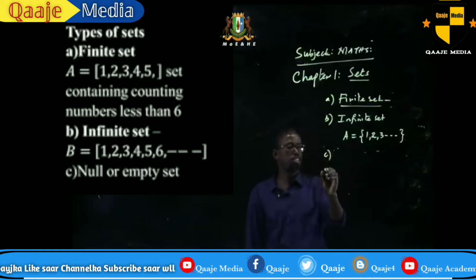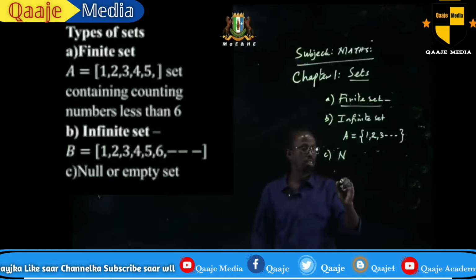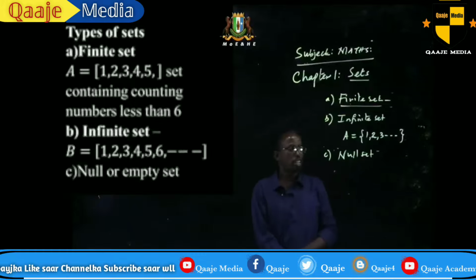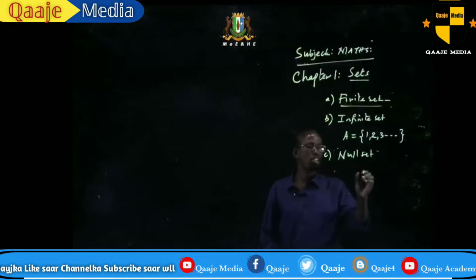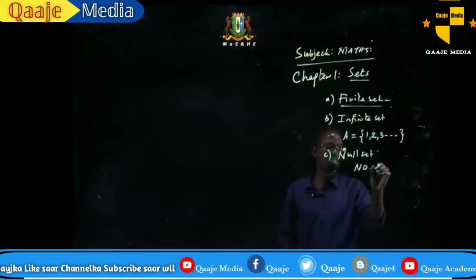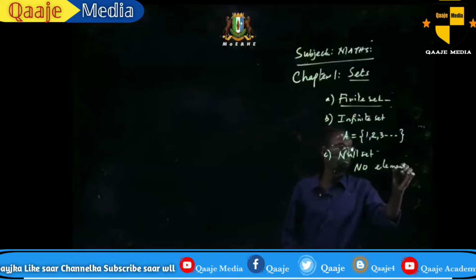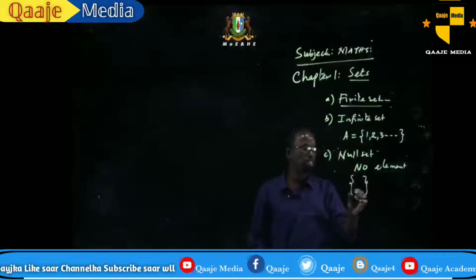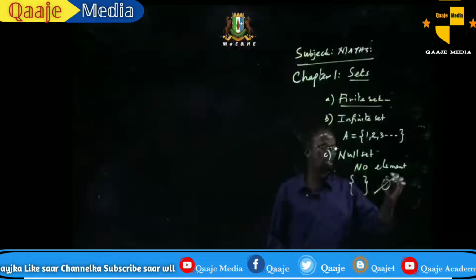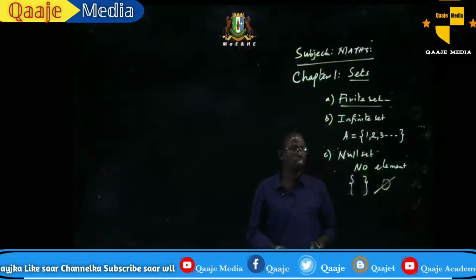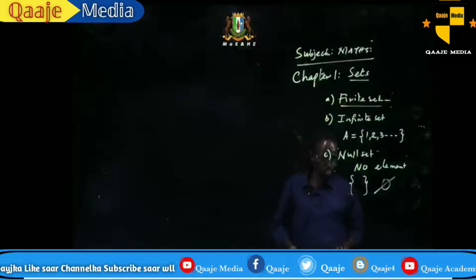The last type of set is the null set, or the empty set. This one is a set which contains no element. We normally write the empty set that way or that way. So these are the 3 types of sets.